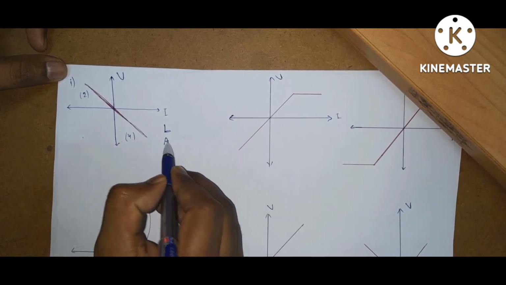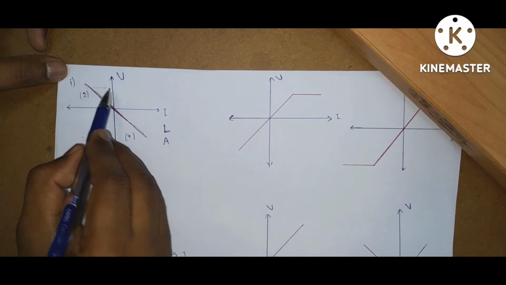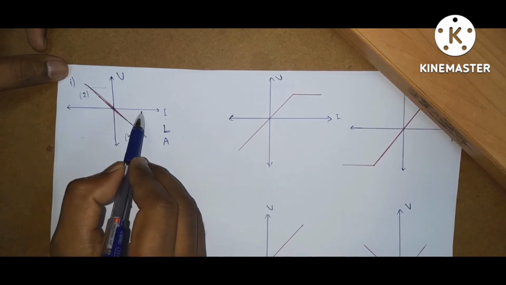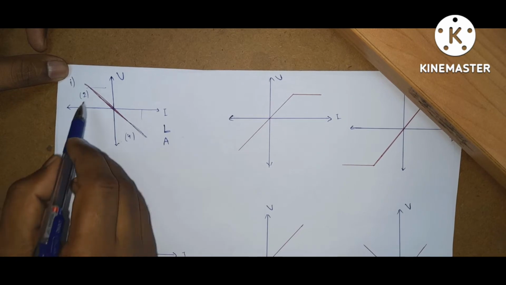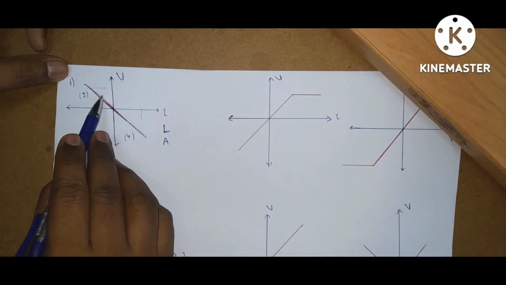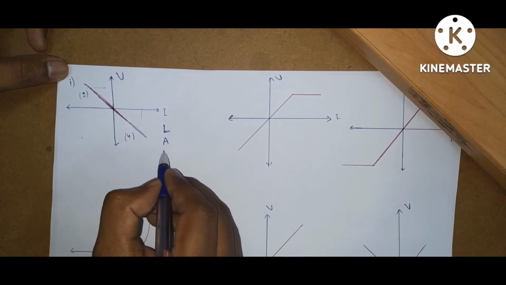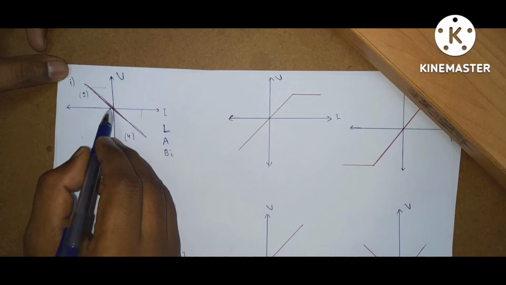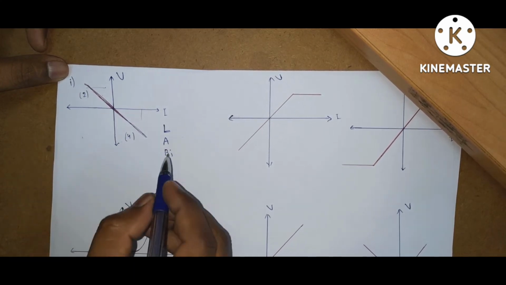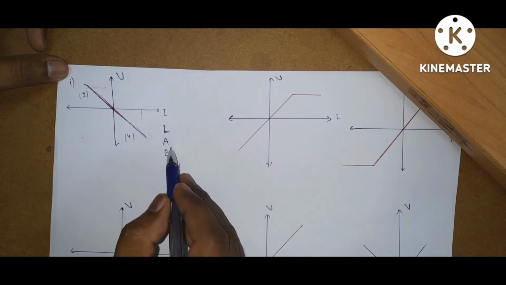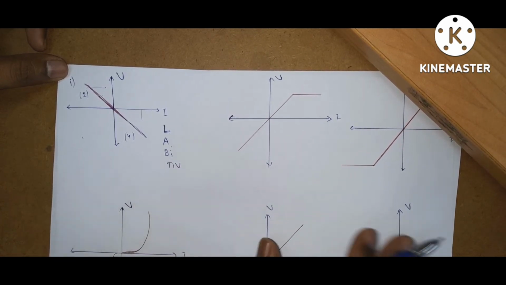In the forward as well as reverse current direction you get the same impedance, so it is a bilateral element. Here only one characteristic, so this is a time invariant element. So this is linear, active, bilateral, time invariant.